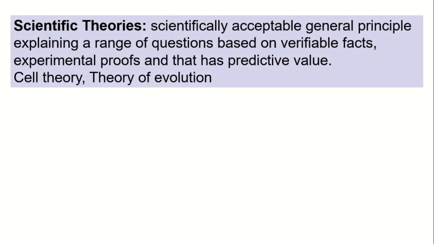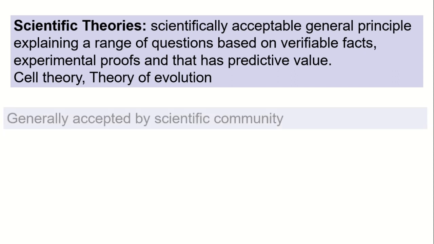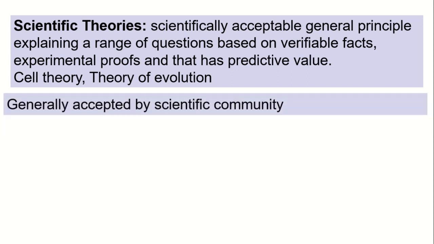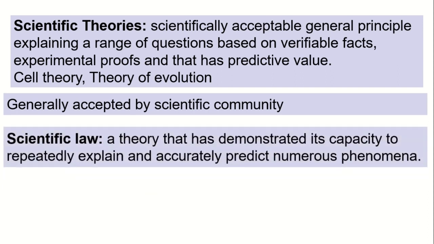Scientific theories. There are many explanations of the theories, but basically we will explain scientific theories according to the biology. So it has tremendous amount of evidence and generally accepted by scientific community, such as the cell theory and theory of evolution. Then we have scientific law.